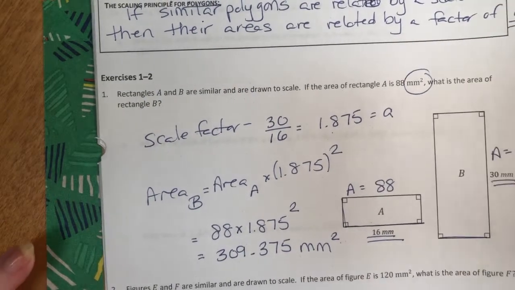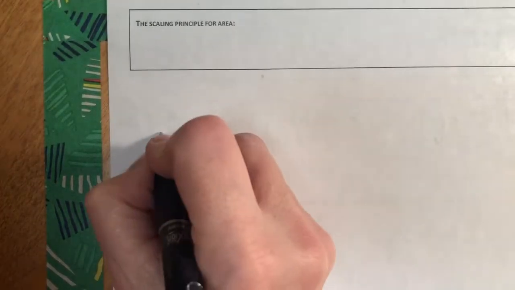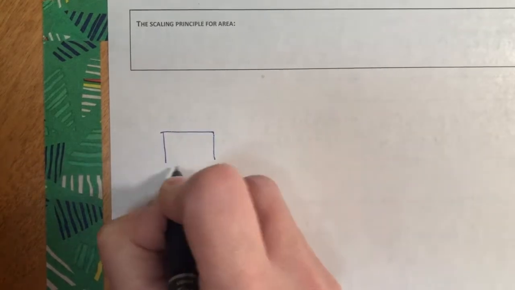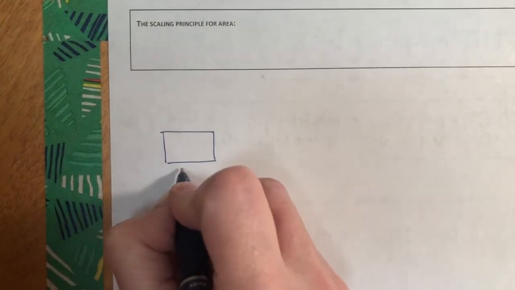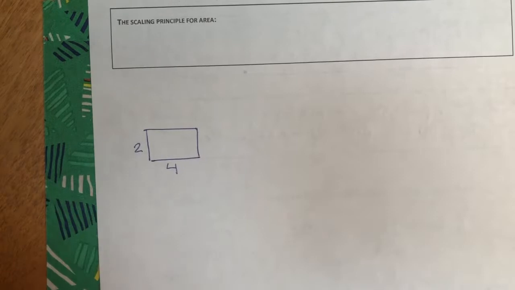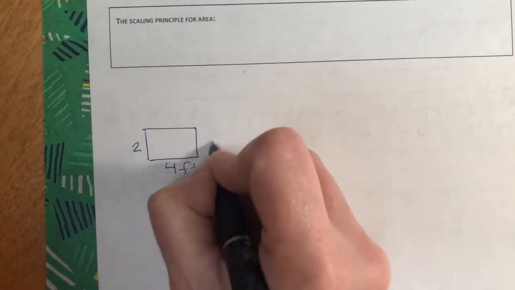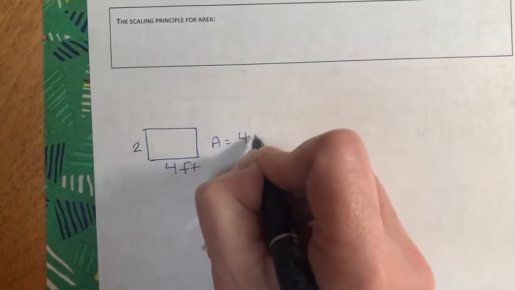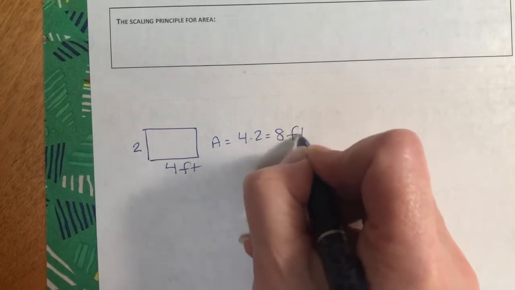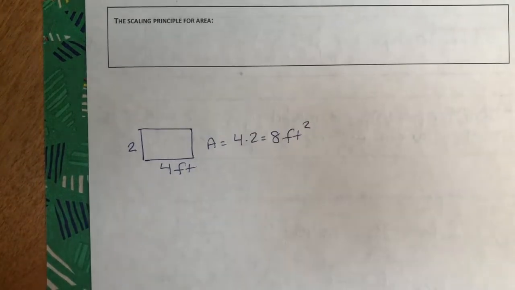But you might have a problem where, and I'm just going to draw this freehand, okay? What if we have a rectangle, and let's say it's 4 by 2 feet. So the area is 4 times 2, or 8 feet squared, okay?